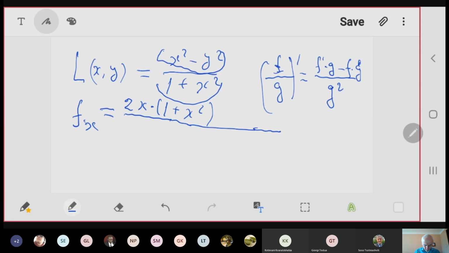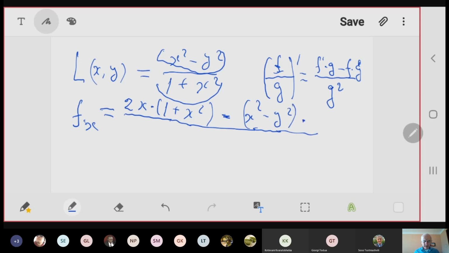Then we have in the formula minus, and here also I will write down minus. Next, here we have f, x square minus y square.